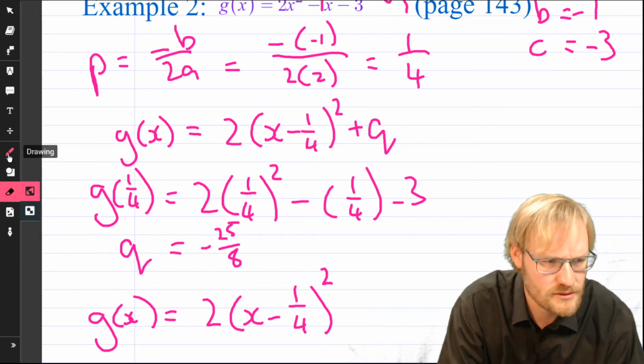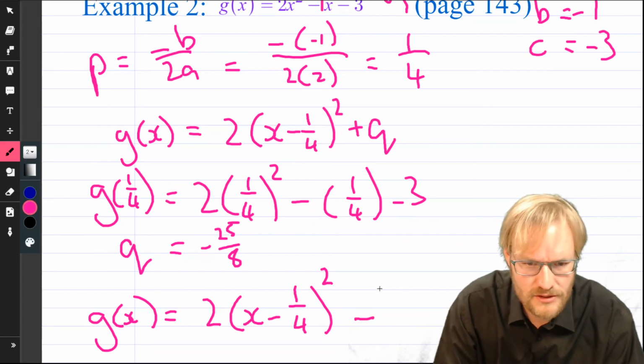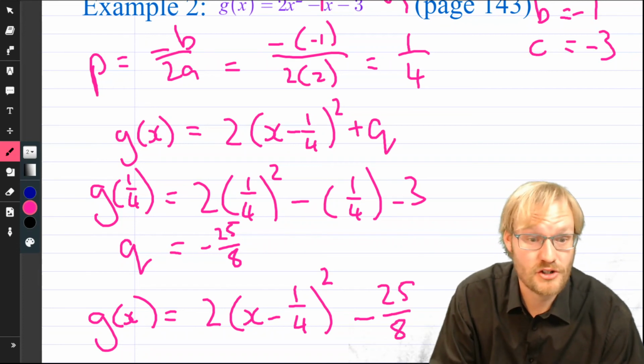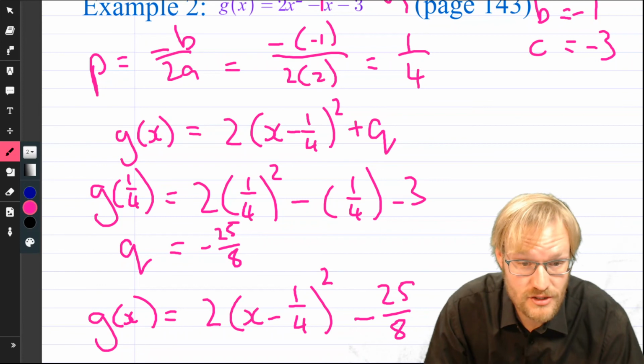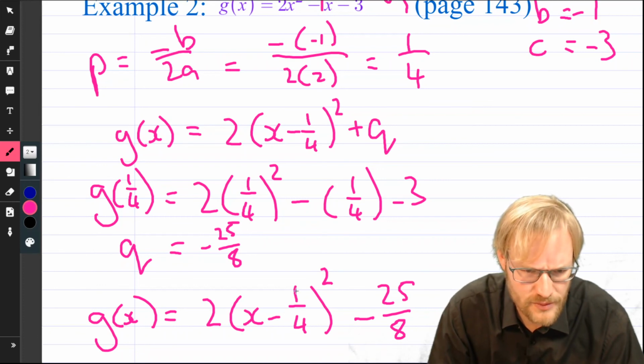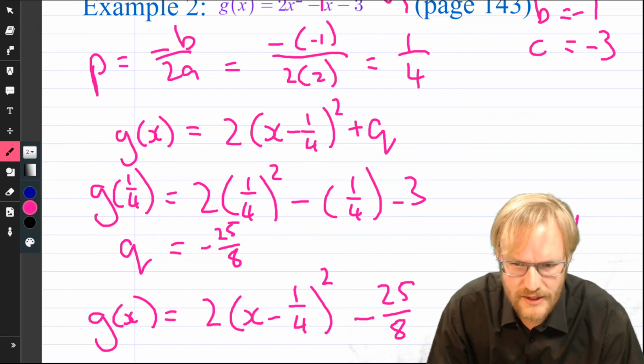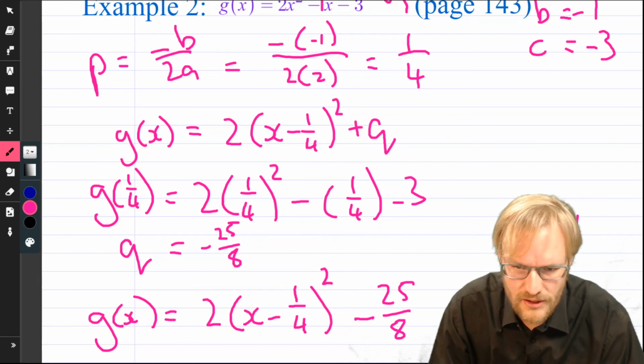So not plus, but minus 25 over 8. There's our equation in turning point form. If we had to sketch this, I know that's going to be the x value, that's going to be the y value. I know it's going to be positive, so I know it's going to look like that. And I know that the turning point is at a quarter and negative 25 over 8.